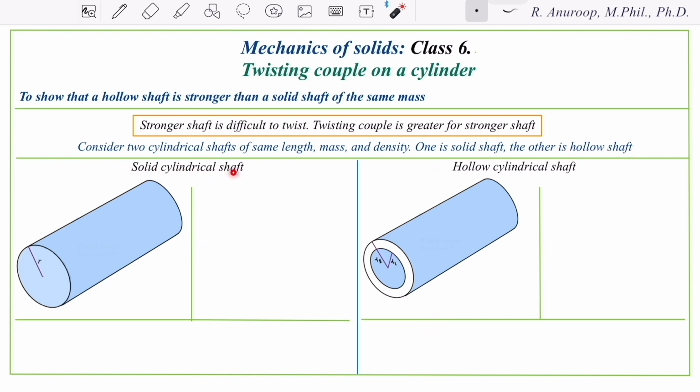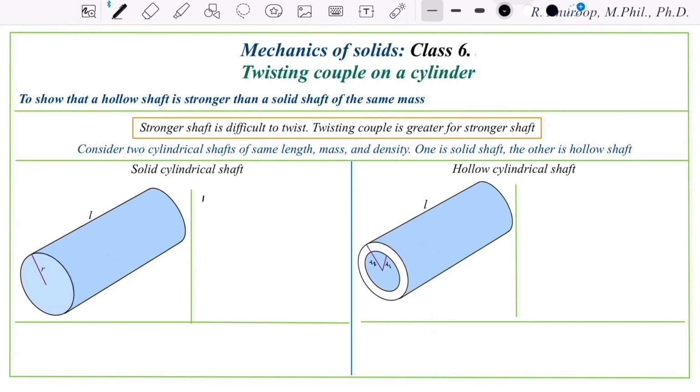On the left hand side we have a solid cylindrical shaft with the length L and the radius R. On the right hand side we have a hollow cylindrical shaft with the inner radius R1 and outer radius R2. The length is the same, L.